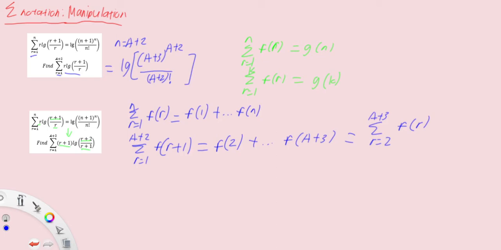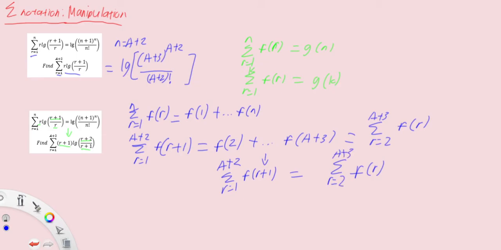Alright, so what you end up seeing here is that there's a pattern. Let me just condense it over here. So let's say the sum to A plus 2, r equals to 1, of f of r plus 1. If you want to convert it to a summation of f of r, you notice that r plus 1 to r is a decrease by 1. Because you decrease the variable by 1, your limits will increase by 1.